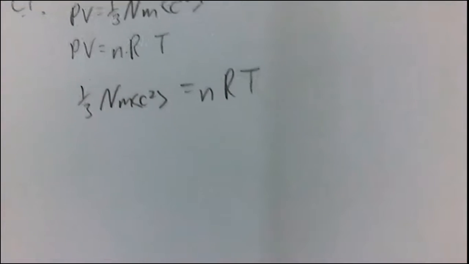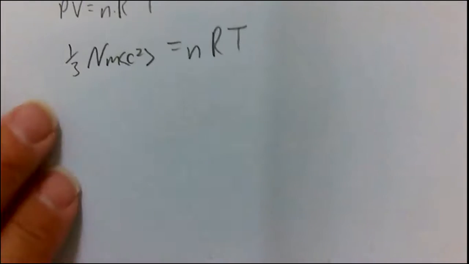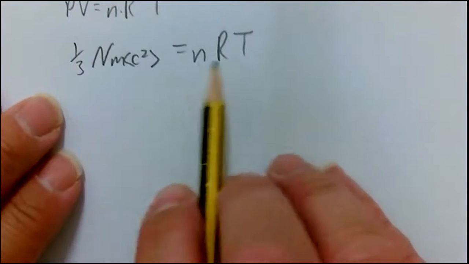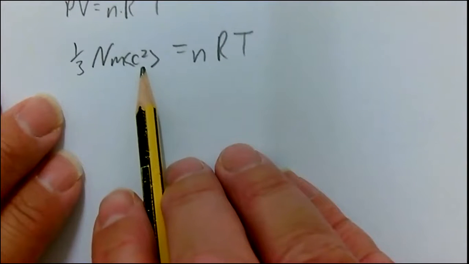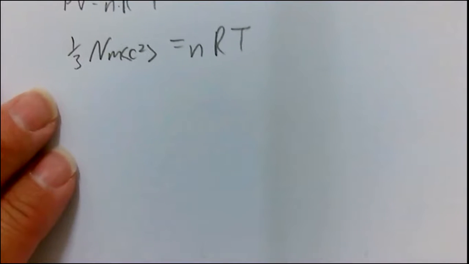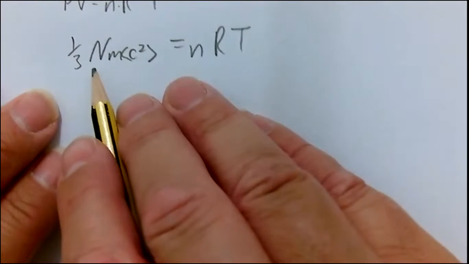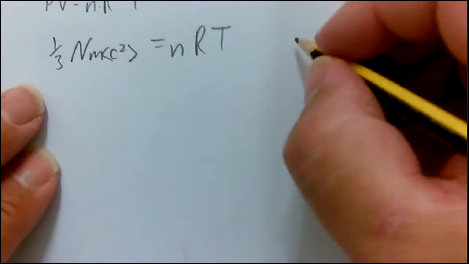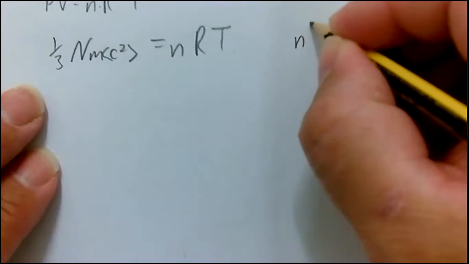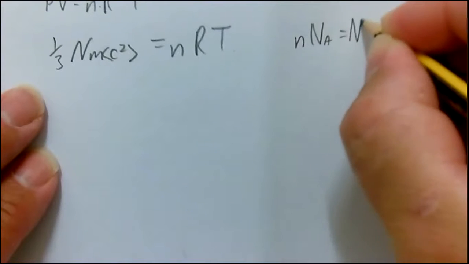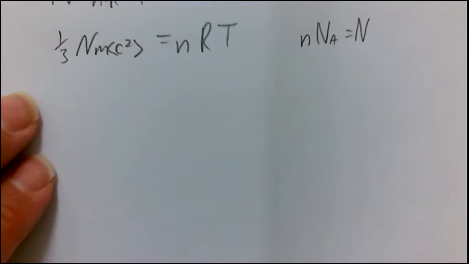Okay, we can start to tidy this up a little bit. We can start to see if there's a relationship between the speed of the particles, well, in this case the mean square speed of the particles, and the temperature. So first of all, we can establish here, this is the number of particles and this is the number of moles. Now I happen to know that the number of moles times Avogadro's constant gives you the number of particles. That's something we've done before.